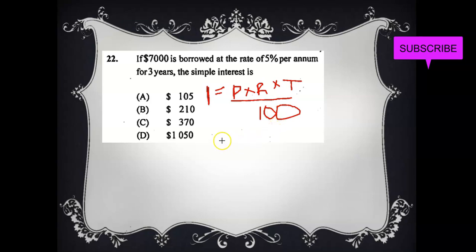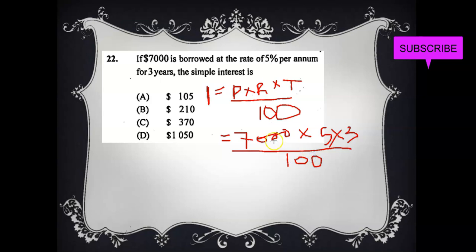We substitute what we have. We don't know the interest, that's what we're trying to find out. Principal is the amount borrowed, so that's 7,000. And the rate is the percentage, that's 5. And the time is the number of years, so that's 3. All over 100. Zeros cancel. 5 times 3, 15 times 70.